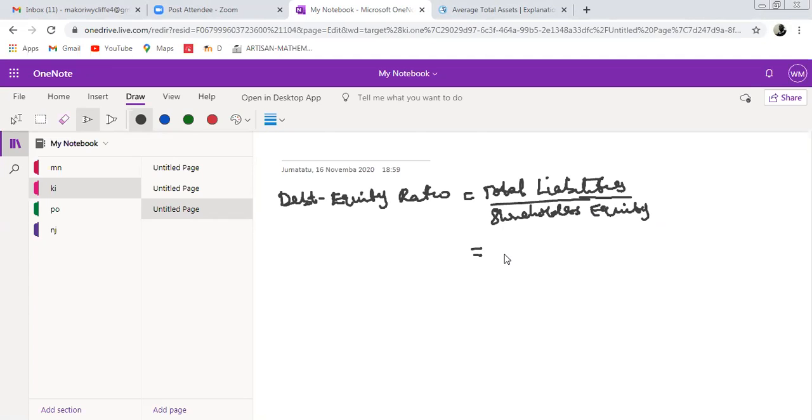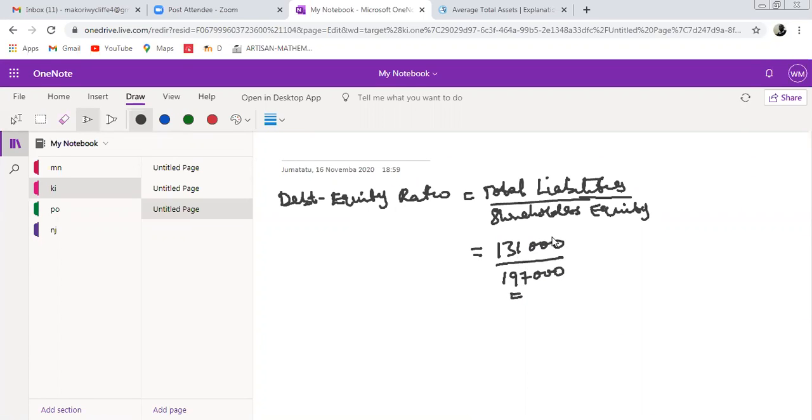So can you add that figure, 98,000 for current liabilities plus 33,000? What do you get? 131,000. The 131,000 over the shareholders' equity of Sahara, which is 197,000. So what do you get there?